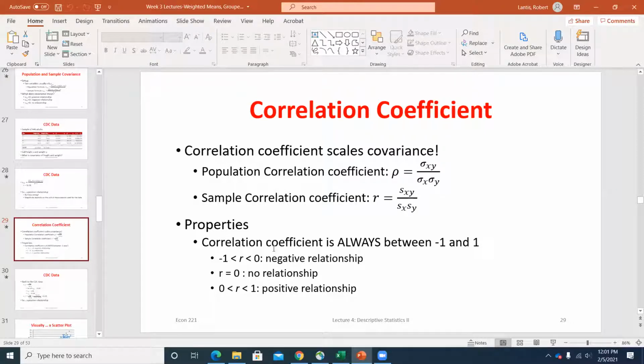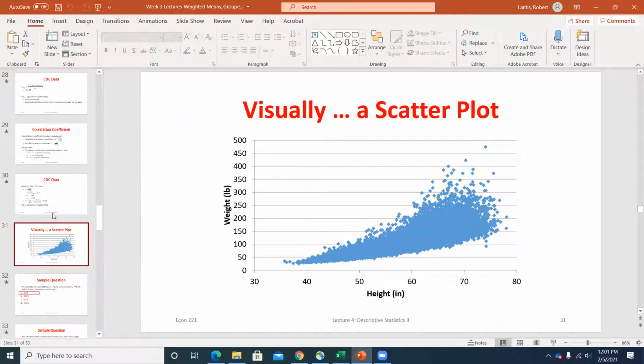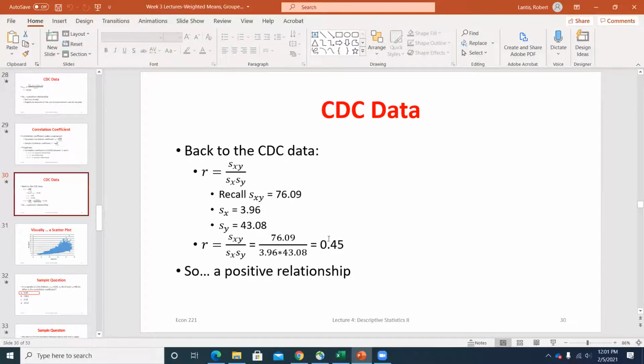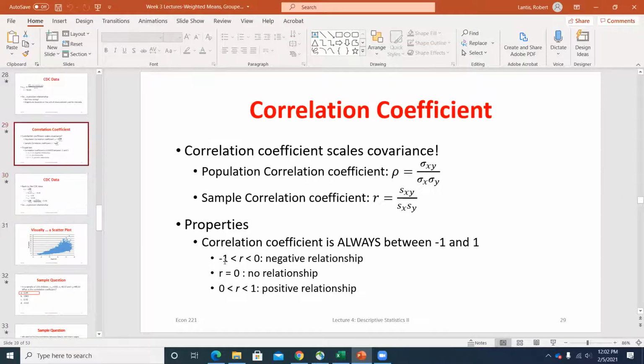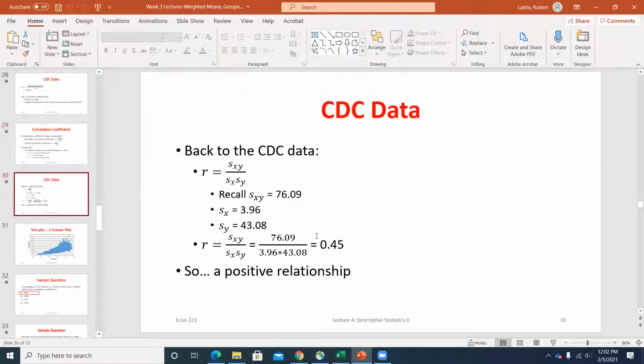And if it's 0, it means as x changes, y doesn't change at all. So we talked about if it was 0.45, that's not the strongest relationship. The strongest relationship would be 1, right? The strongest positive relationship is 1, but the weakest is 0. So that relationship between height and weight was somewhere in between.